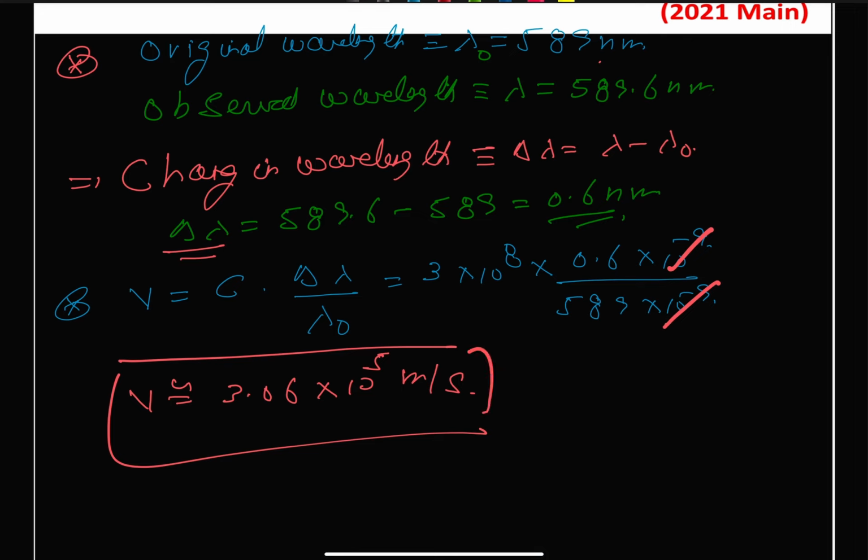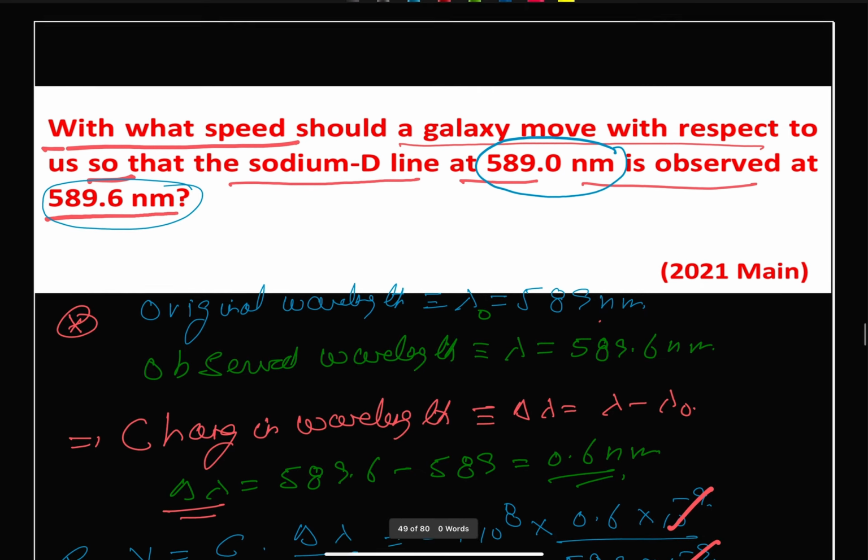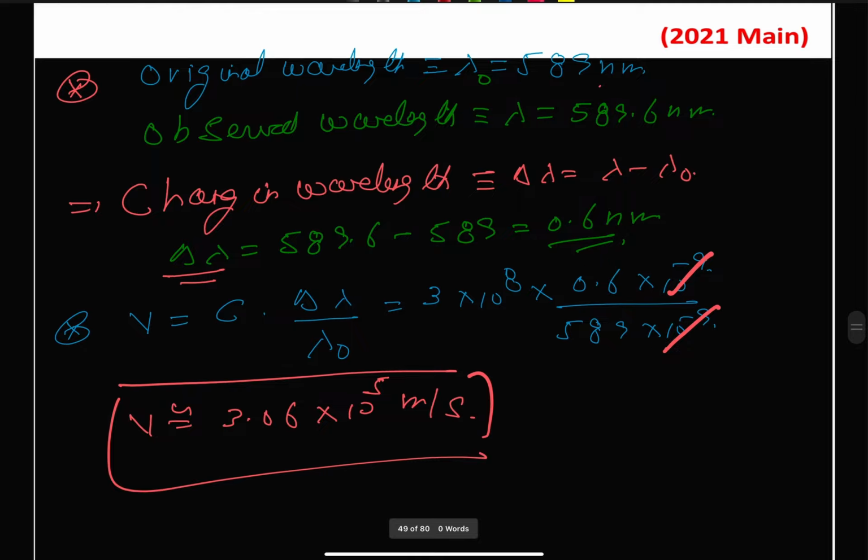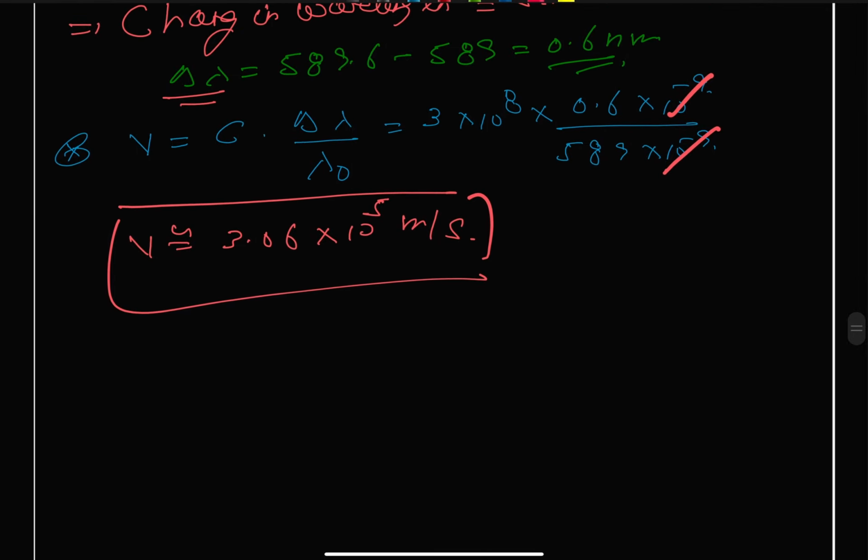This looks much better. So the observed is 3 into 10 to the power 5 meter per second.